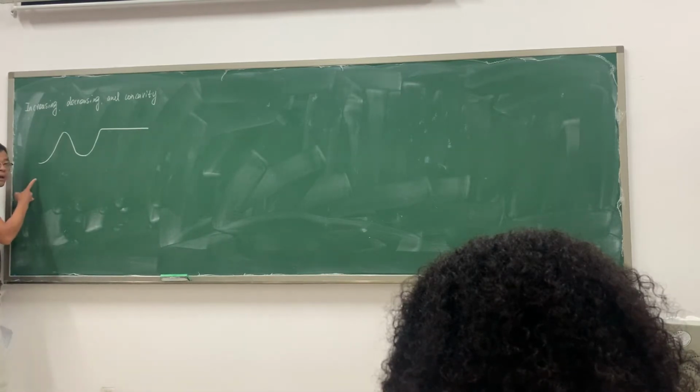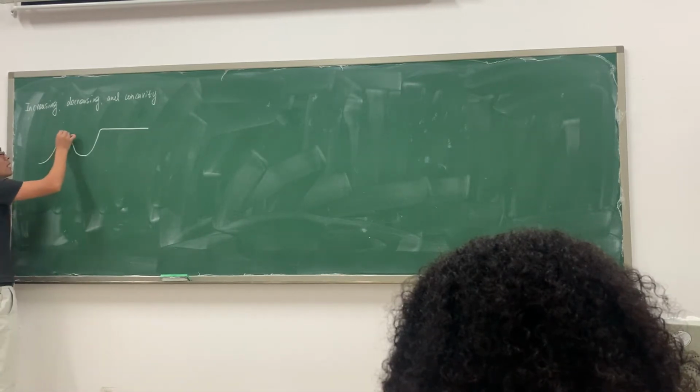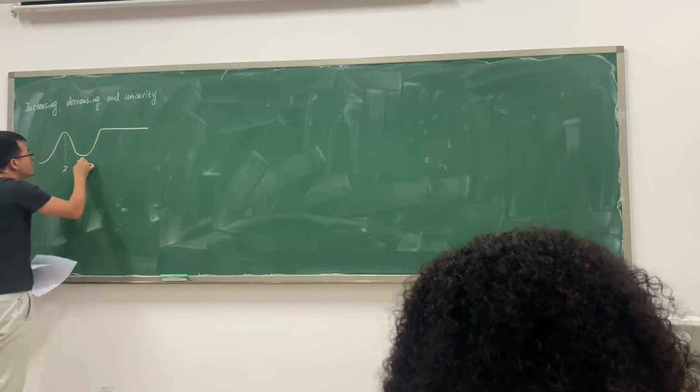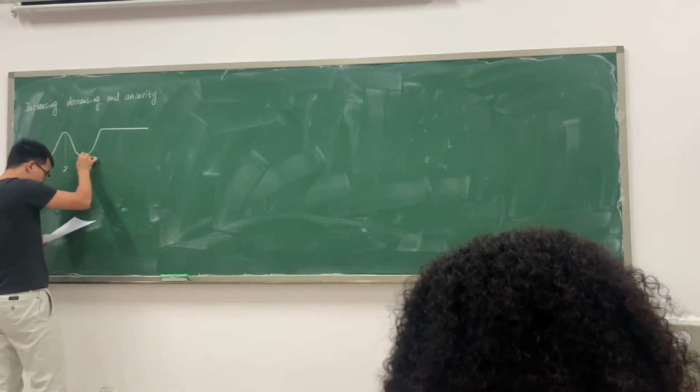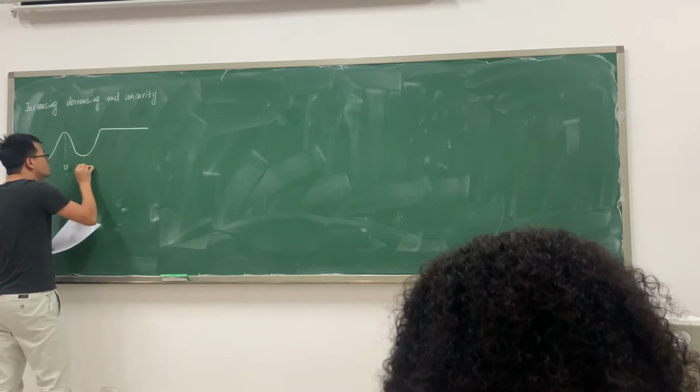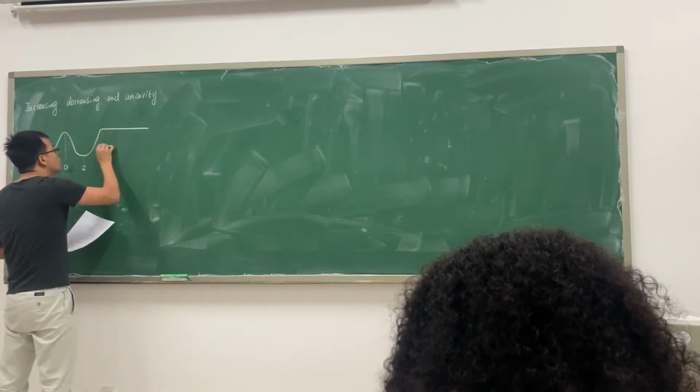For this graph, okay, we can see this point's x coordinate here is 0, here is 2, and here is 4.